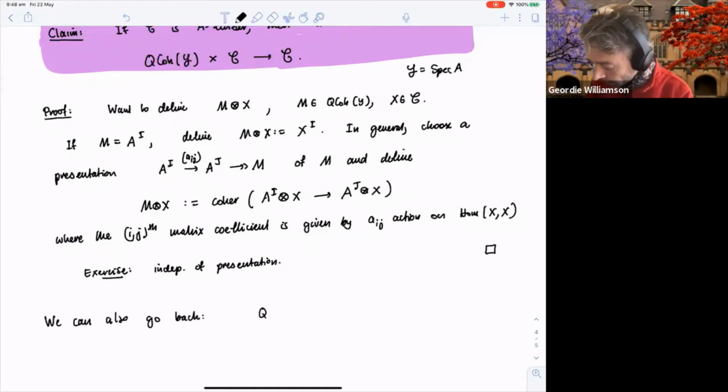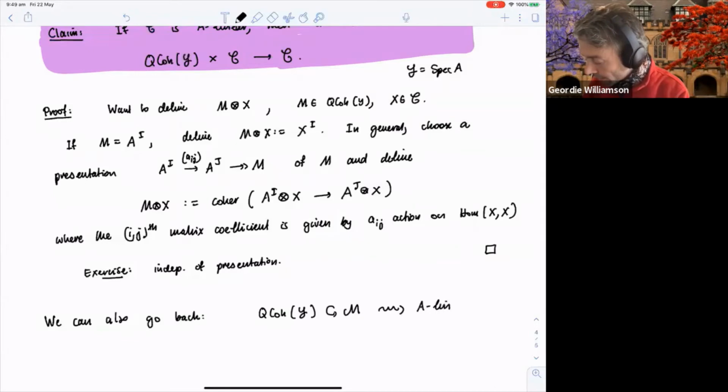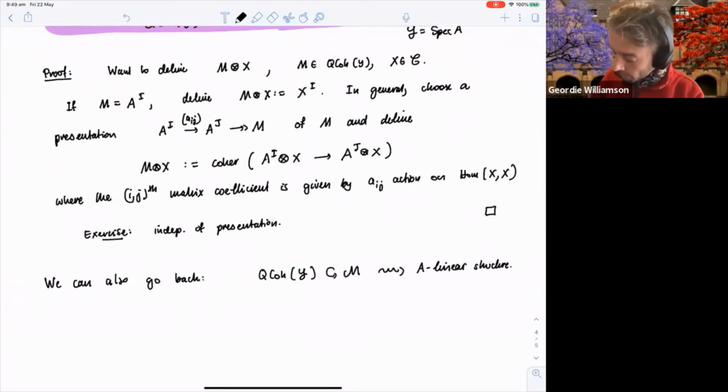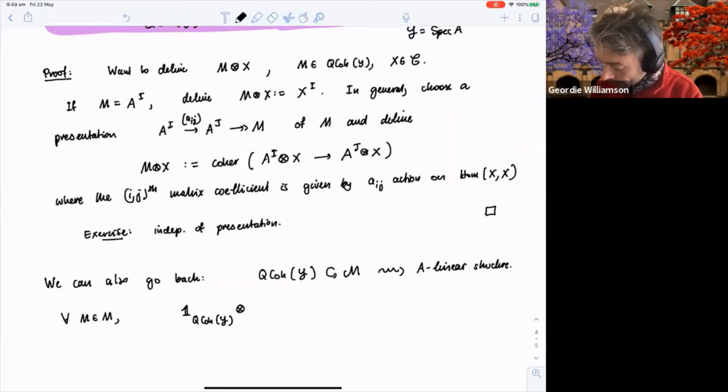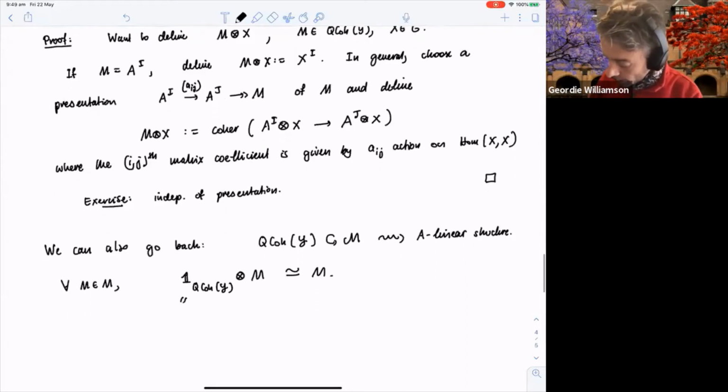If we have an action of quasi-coherent sheaves on Y on C, we can cook out of this an A action, a linear structure, simply by noting that for all M in C, certainly the unit of quasi-coherent sheaves on Y acting on M is canonically isomorphic to M. But this is A. So the unit in quasi-coherent sheaves on an affine scheme is simply the trivial rank 1 vector bundle, which is the same thing as A.